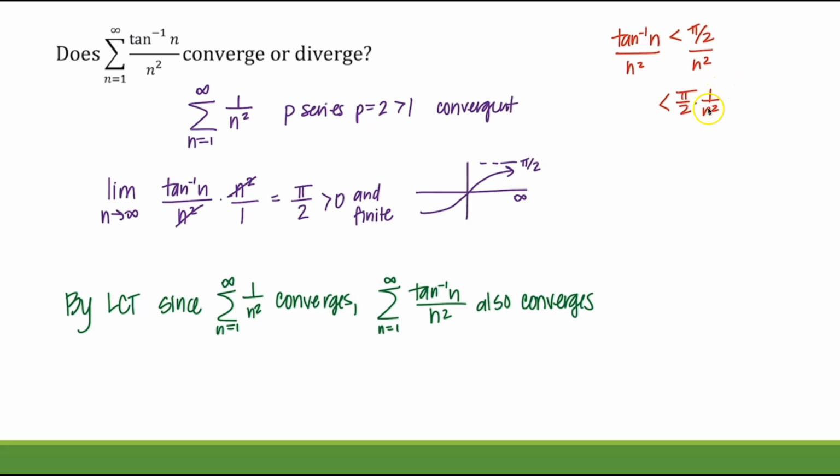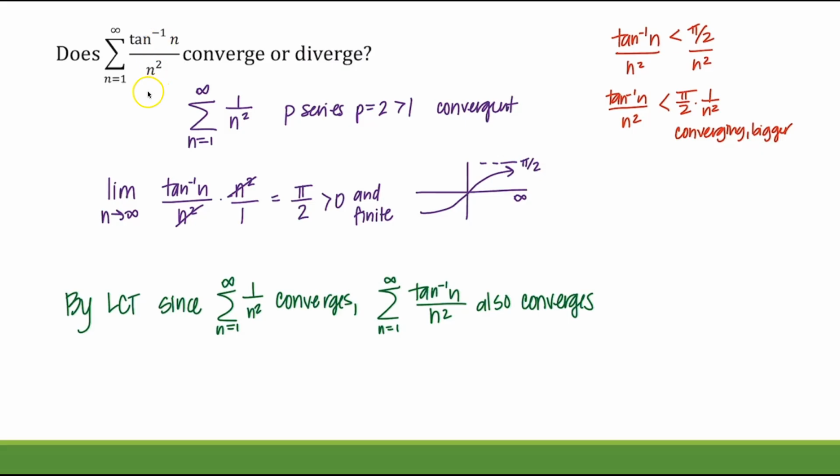So if I think about 1 over n squared, that is converging, and it's bigger than tan inverse of n over n squared. So I have a converging bigger series. And so that is a helpful direct comparison. So that was an option on this one, and maybe one that was worth trying at the beginning.